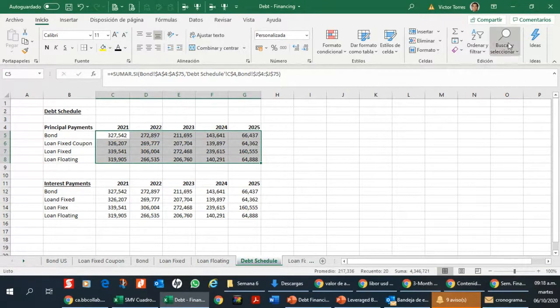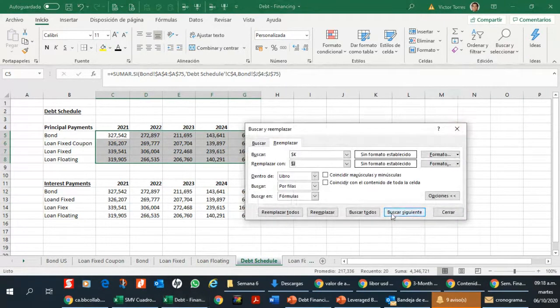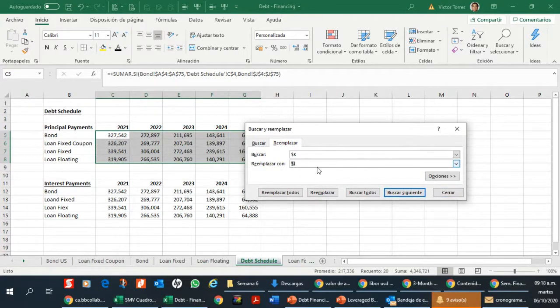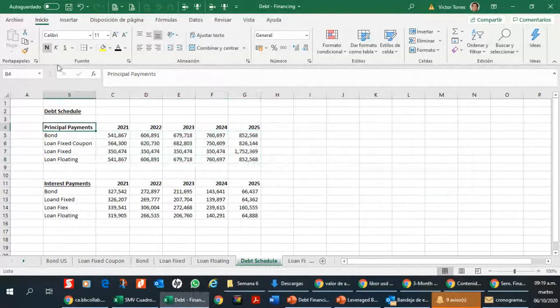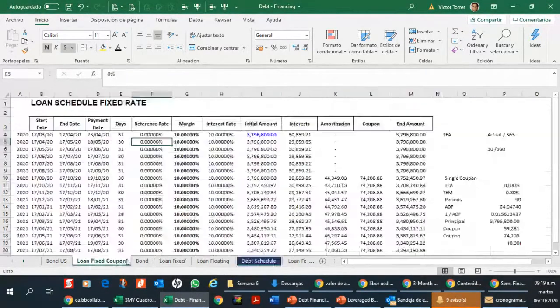Silly me, I told it to go all the way, and it also replaced the ones that were on top. There we go, right? So you've got the principal payments and the interest payments, working up from the different schedules that you may have.